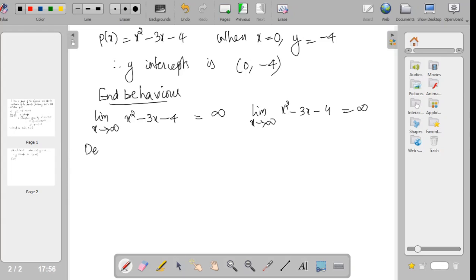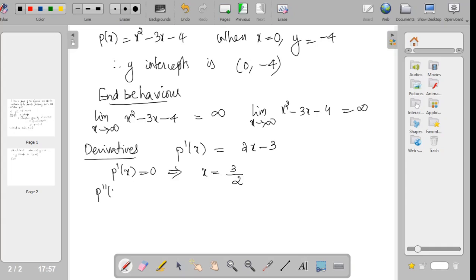And now let us look at the derivatives. The derivative p dash of x is 2x minus 3. So p dash of x equal to 0 implies x will be equal to 3 by 2, and p double dash of x is equal to 2, which is greater than 0.